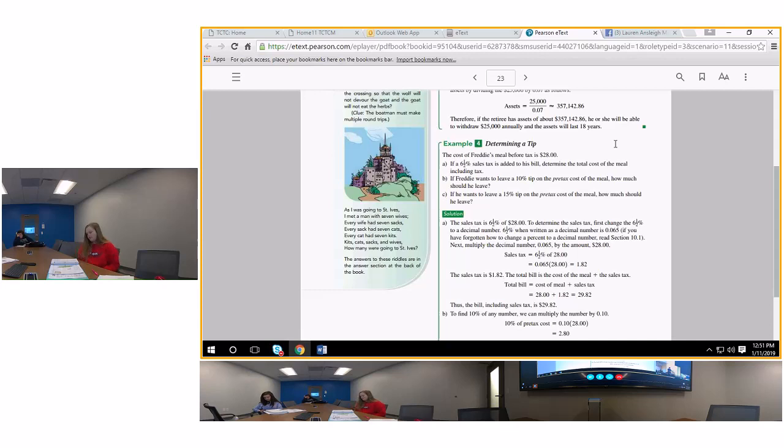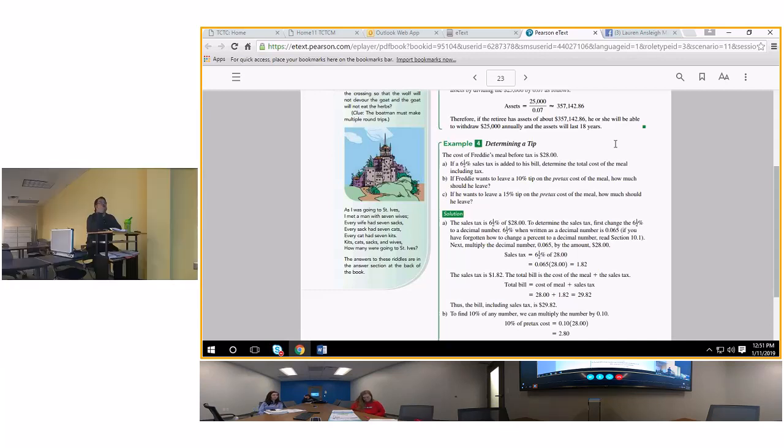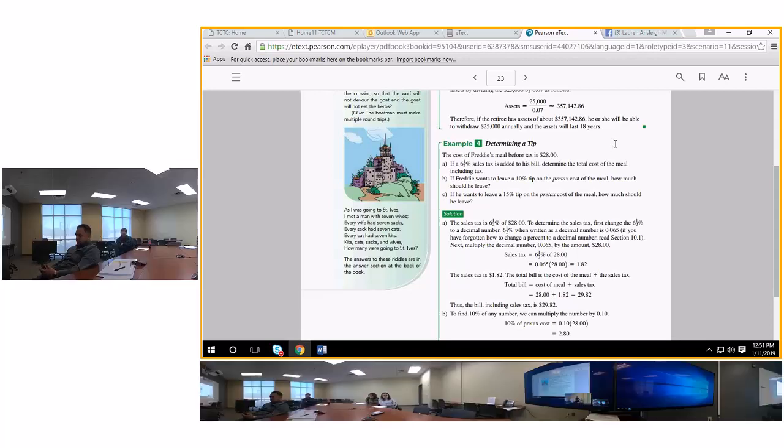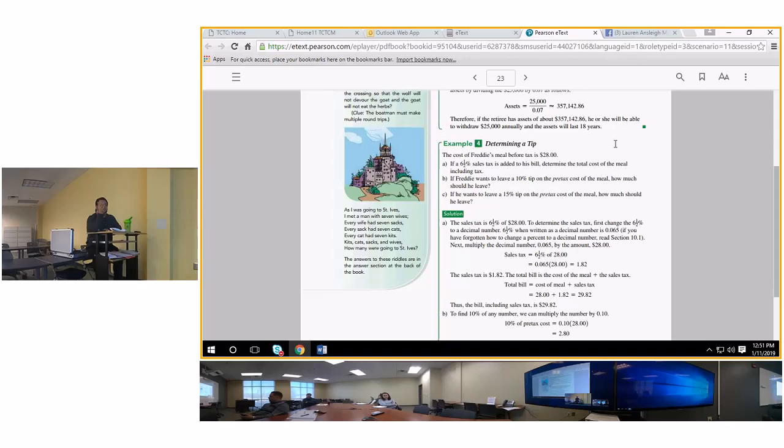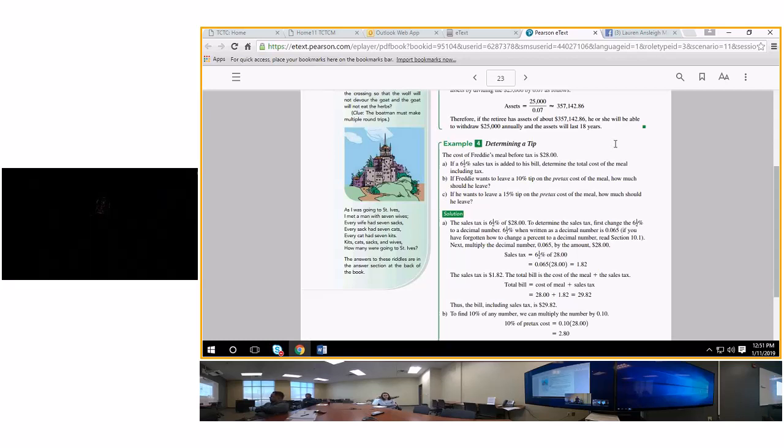It's 1.82. Okay, they don't want you to add the tip to it. I'm sorry, 28 plus $1.82 is $29.82. That's the cost of the meal. Plus you leave a $2.80 tip. There it is down there.